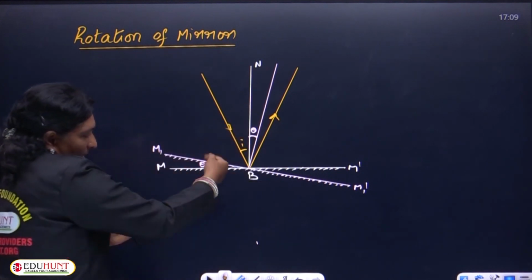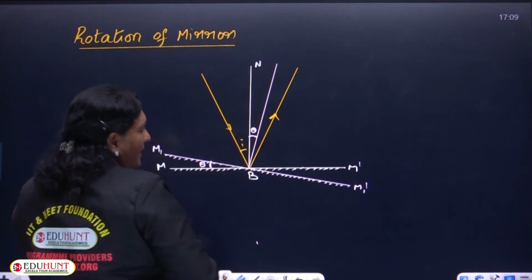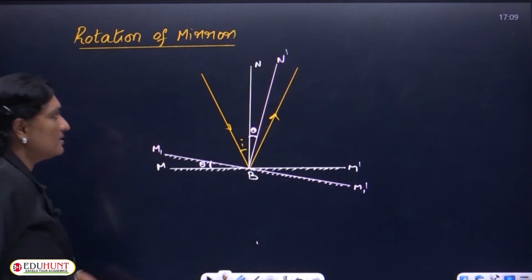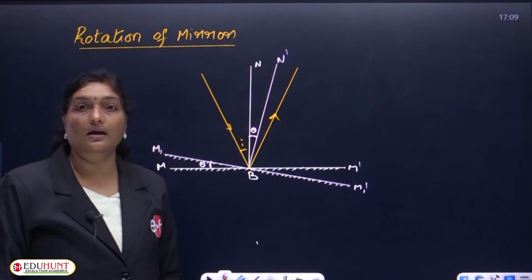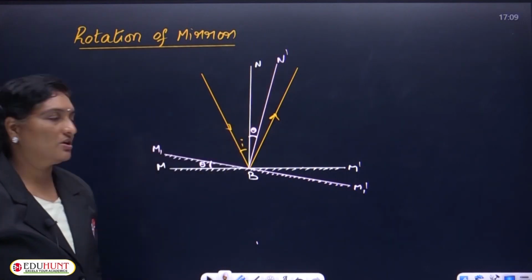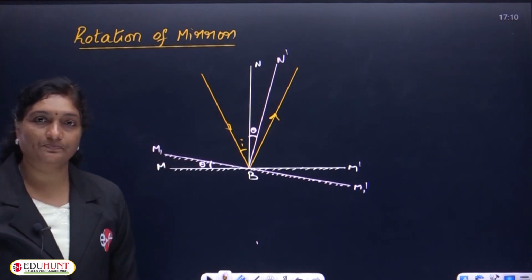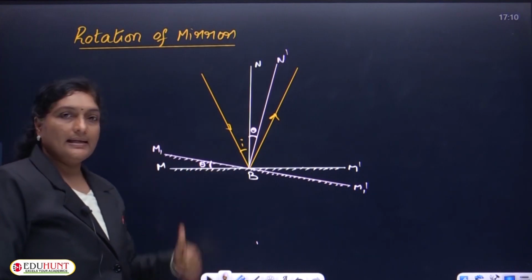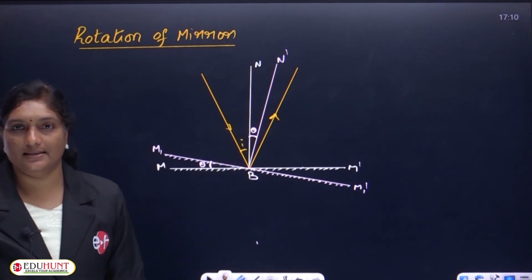The angle between the original position and the new position is theta, and the angle between the new normal and the original normal is also theta. N is the initial normal and N dash is the new normal. So our observation is that when the mirror is rotated by an angle theta, the normal also turns by an angle theta.